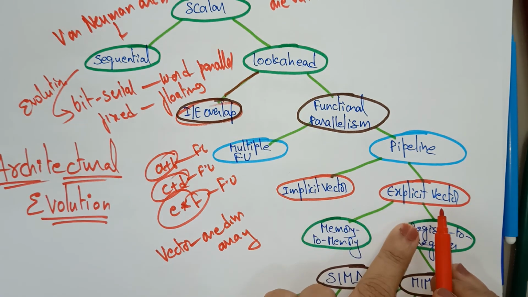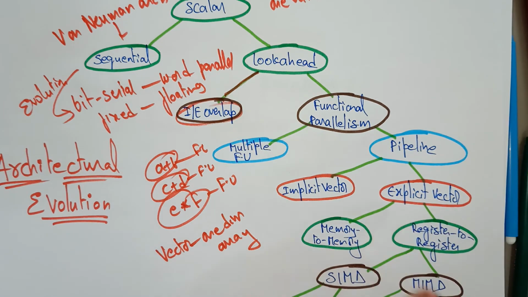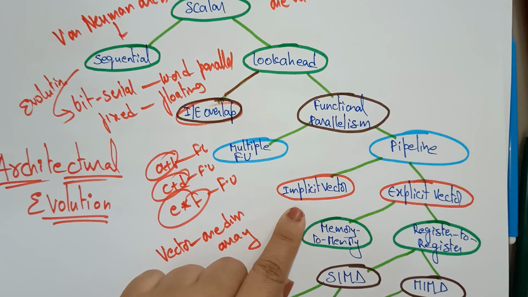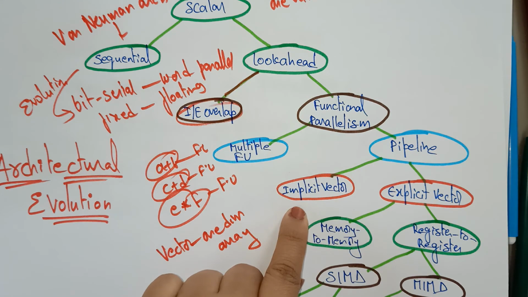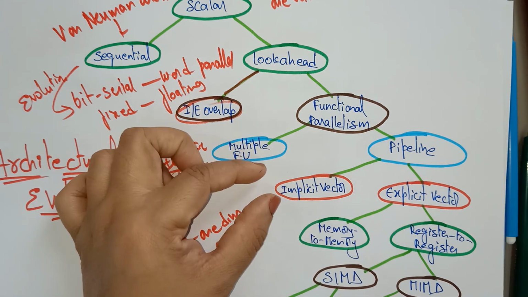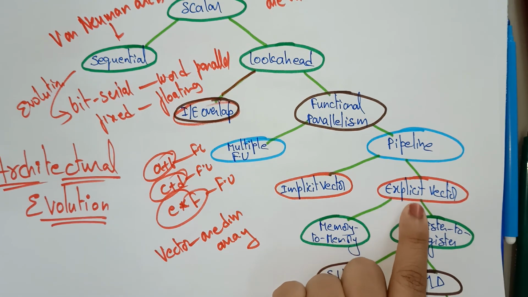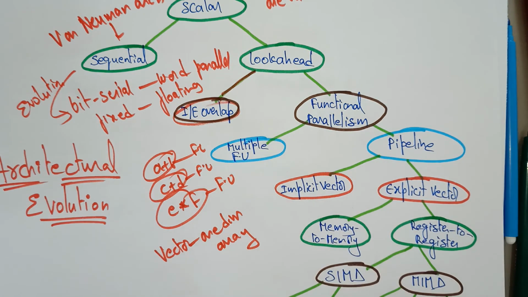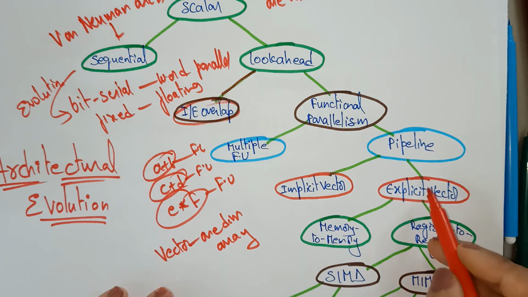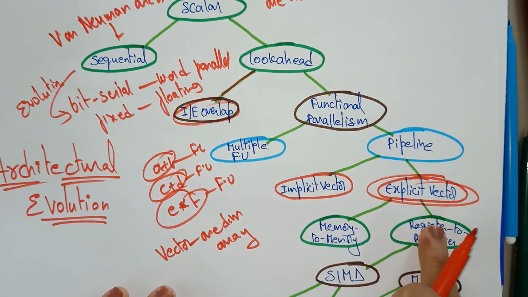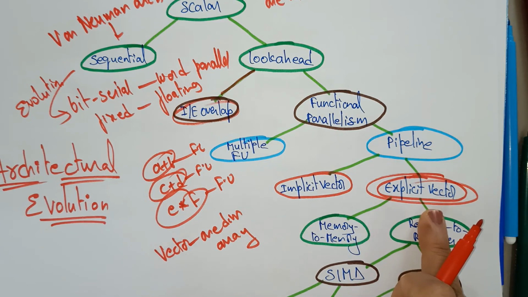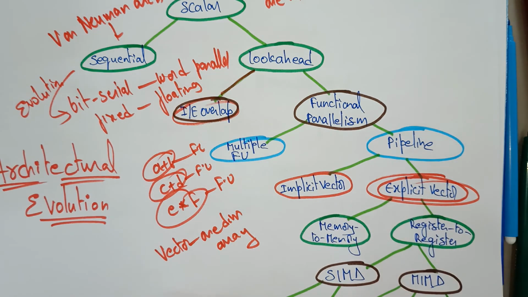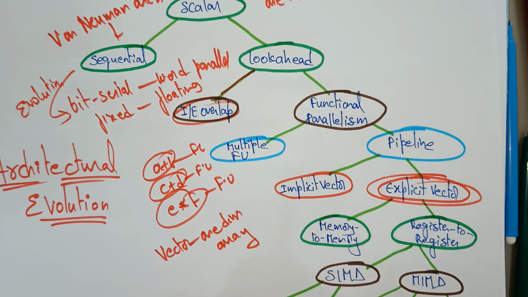Vector operations were originally carried out implicitly, because the software-controlled looping uses a scalar pipelining process. Whereas explicit vector instructions were introduced with the appearance of the vector processor, which is equipped with multiple vector pipelines.